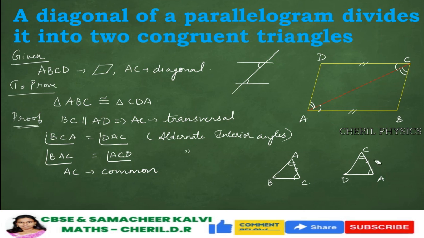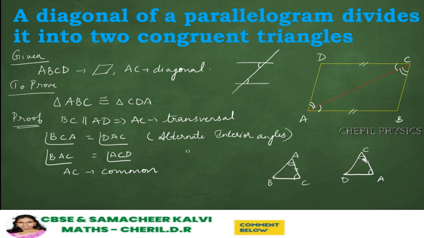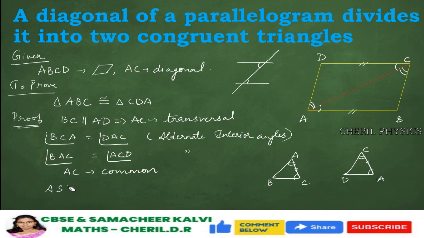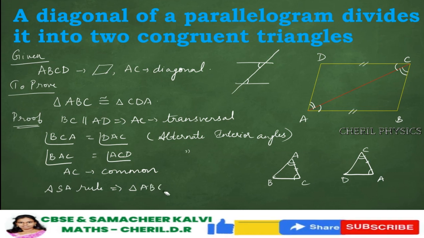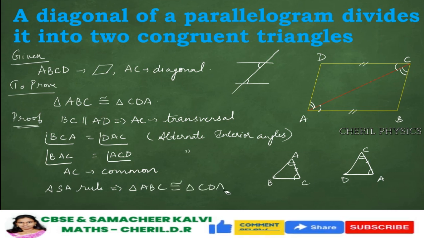From this we can say through the angle side angle rule, which is another congruency rule, that triangle ABC is congruent to triangle CDA.